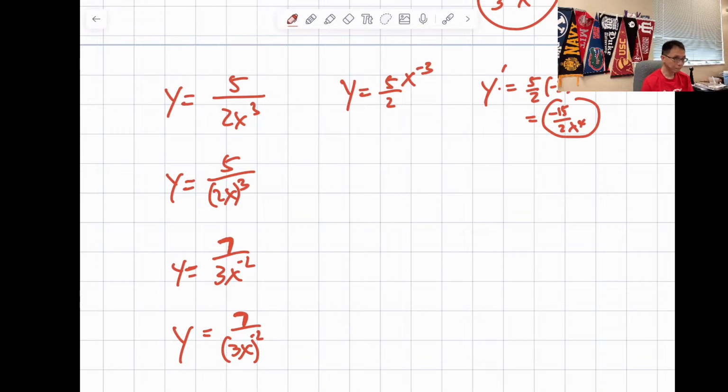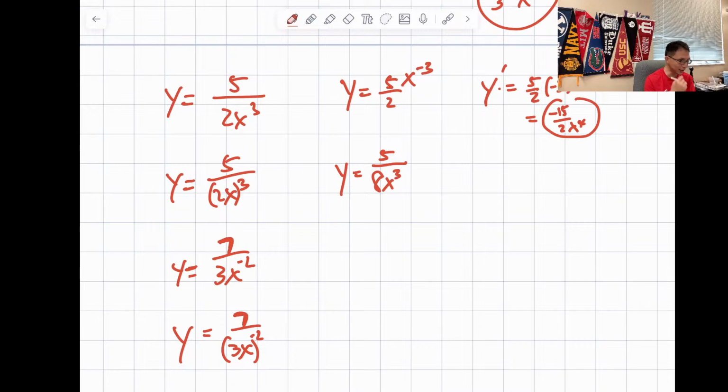The problem is people make simple mistakes. Even though it looks really easy, people still make a lot of simple mistakes. Now for this one, if I rewrite it, you have to pay attention to the exponent rule. 2 is also to the third power, x is also to the third power, so we have 8x to the third.